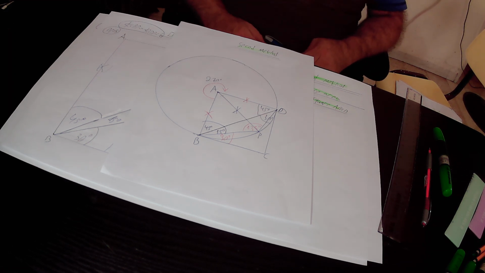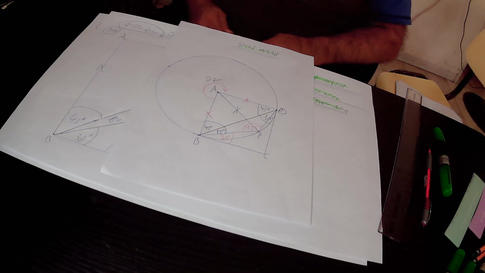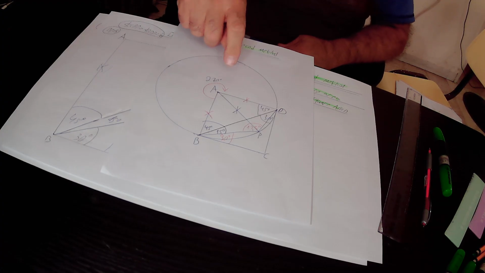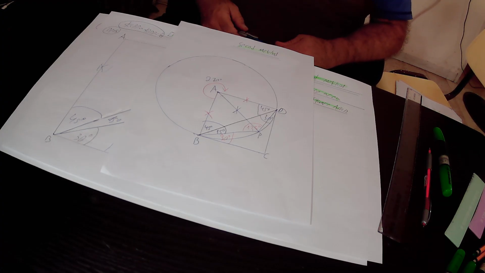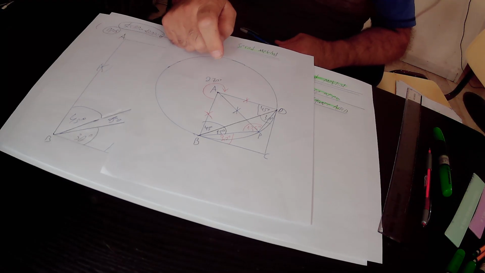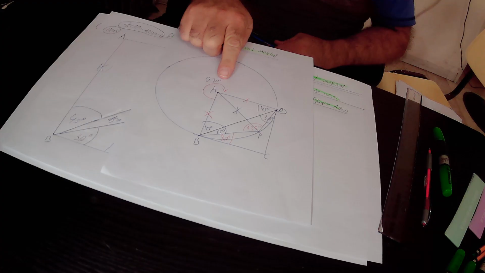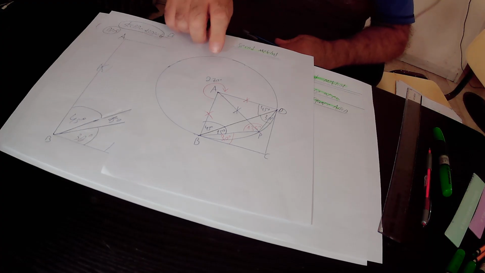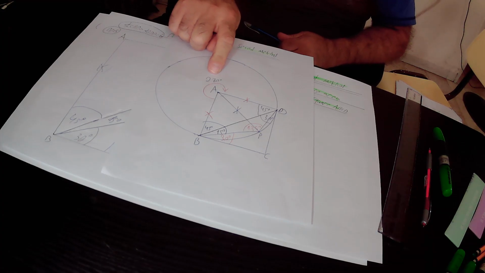You know that the sum of the angles around any point is equal to 360 degrees. So the sum of the angles around point A must be equal to 360 degrees. This is a right angle plus the missing angle. In total must be equal to 360 degrees. And therefore this missing angle must be equal to 270 degrees in its size.